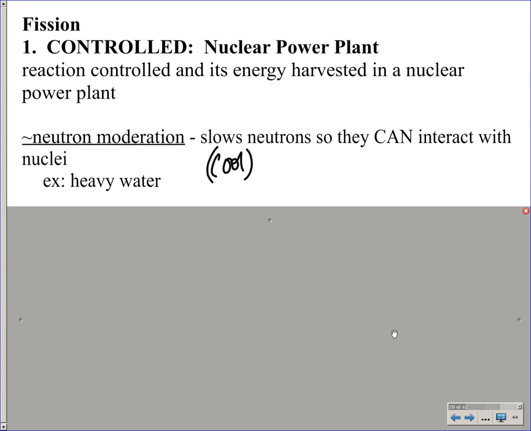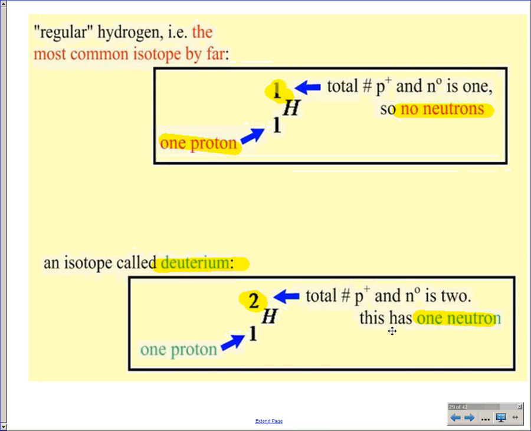So the way that most of these nuclei bombardments are achieved in a nuclear power plant is from heavy water, which is water that contains an isotope of hydrogen that has a neutron as well as a proton. So this is what heavy water is. You've got this deuterium, which has a total proton number and neutron number summed together be 2, that's why it's heavy.